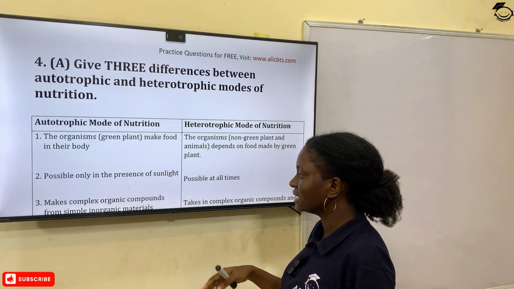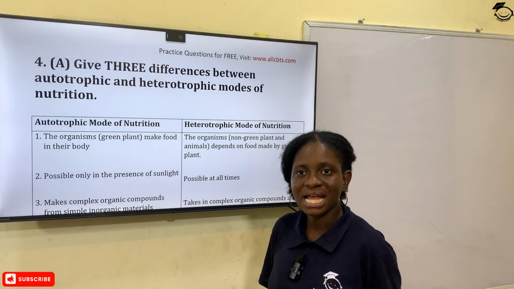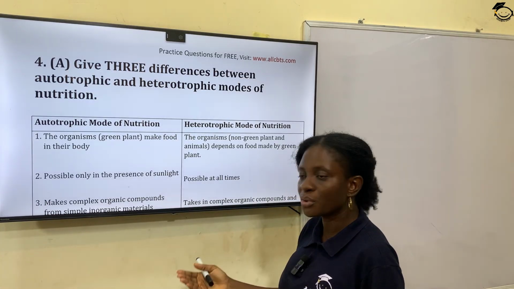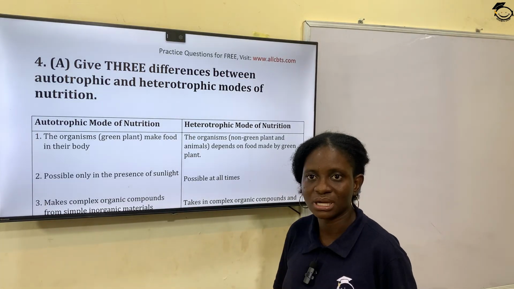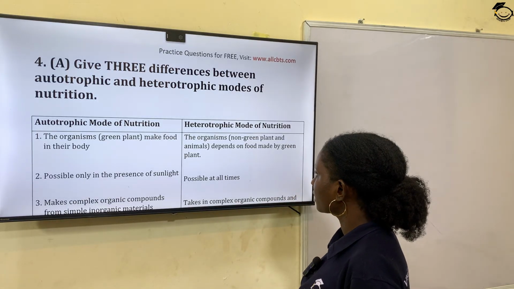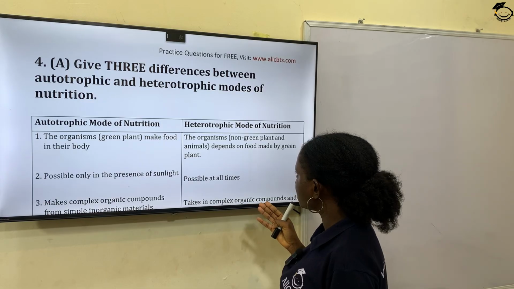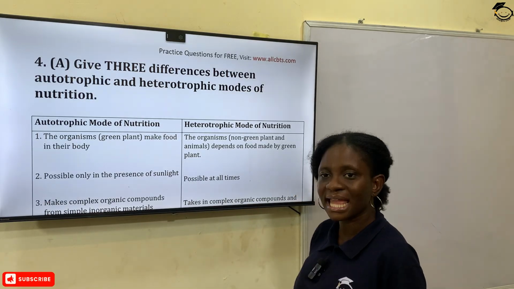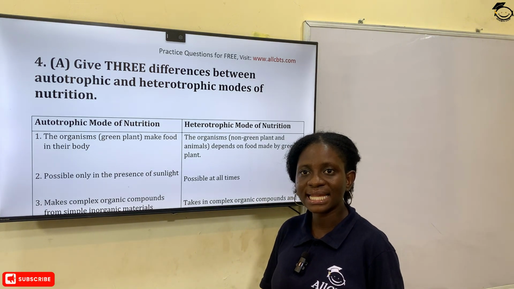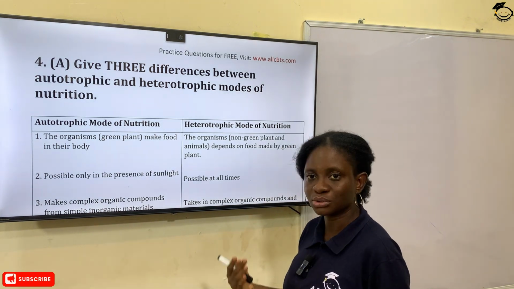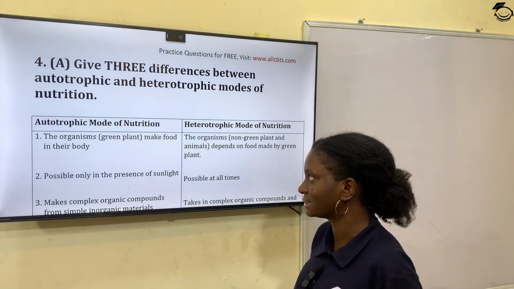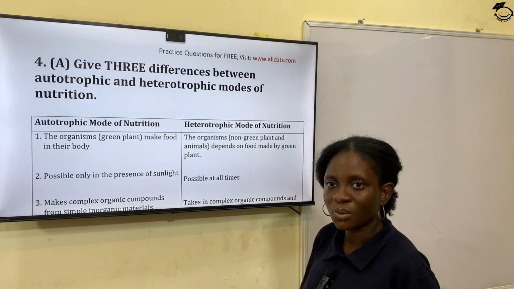So they make their food, starch or carbohydrates, from simple inorganic materials like CO2 and water. Then for heterotrophic mode of nutrition, they take in complex organic compounds. They take in the starch that is produced from plants. So that answers the question.